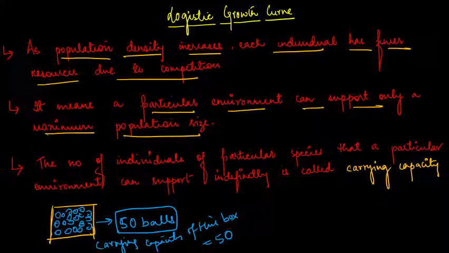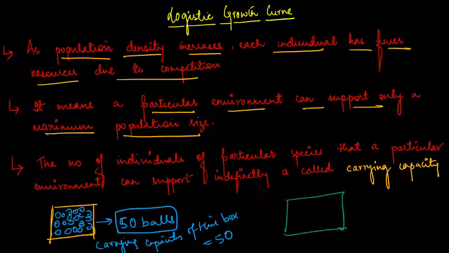But if you put more, what will happen? The box will burst, right? Similarly, for an environment, say this is an area. Like in this way, the environment is also having a carrying capacity. Suppose in this area there are a number of individuals residing.